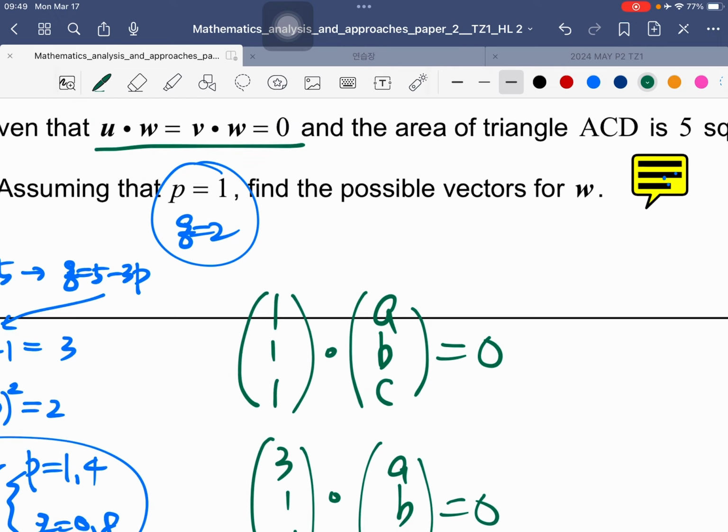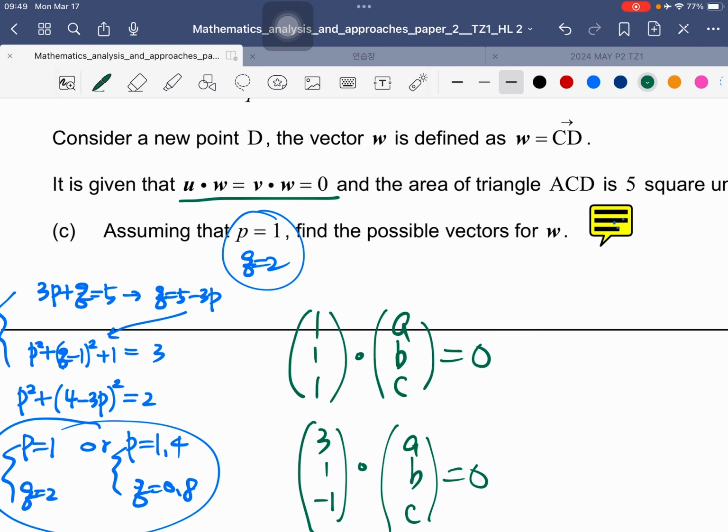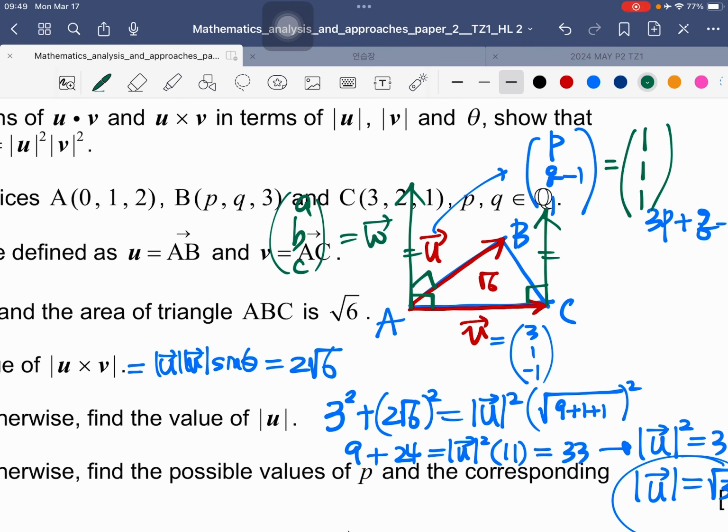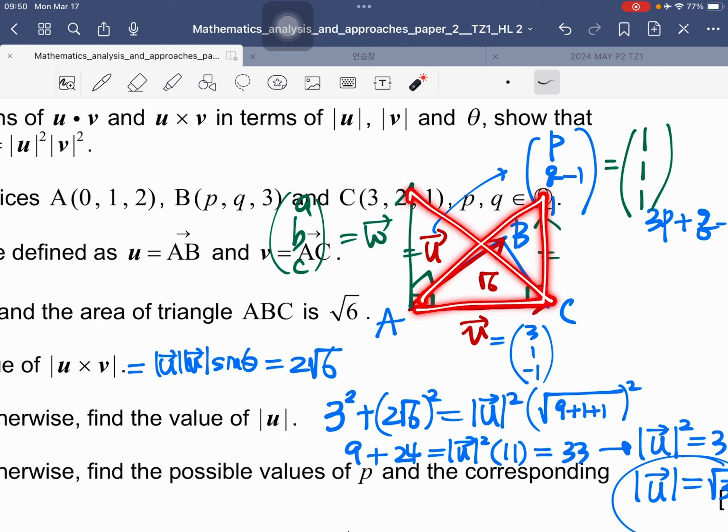And then the third condition: the area of triangle ACD is 5. This triangle is the same as this triangle. Area is base times height times half.